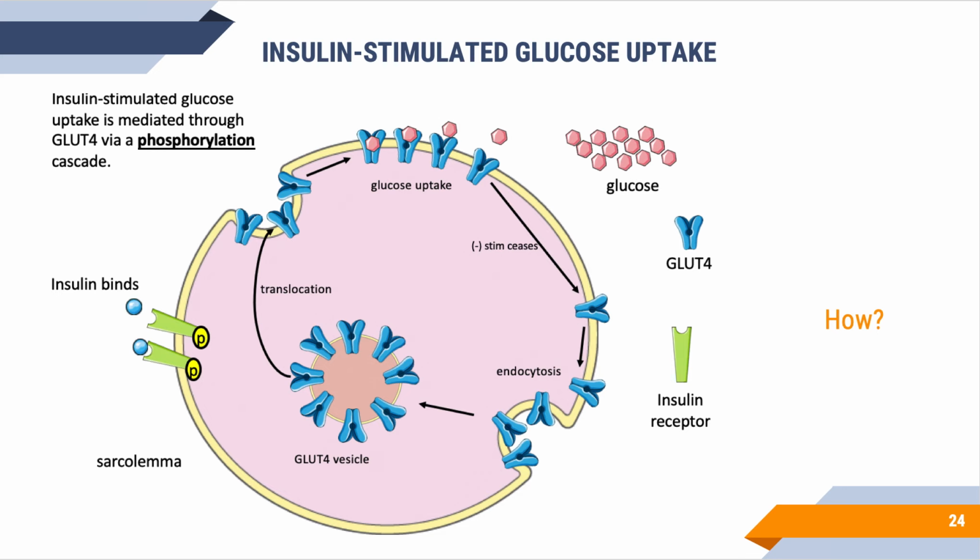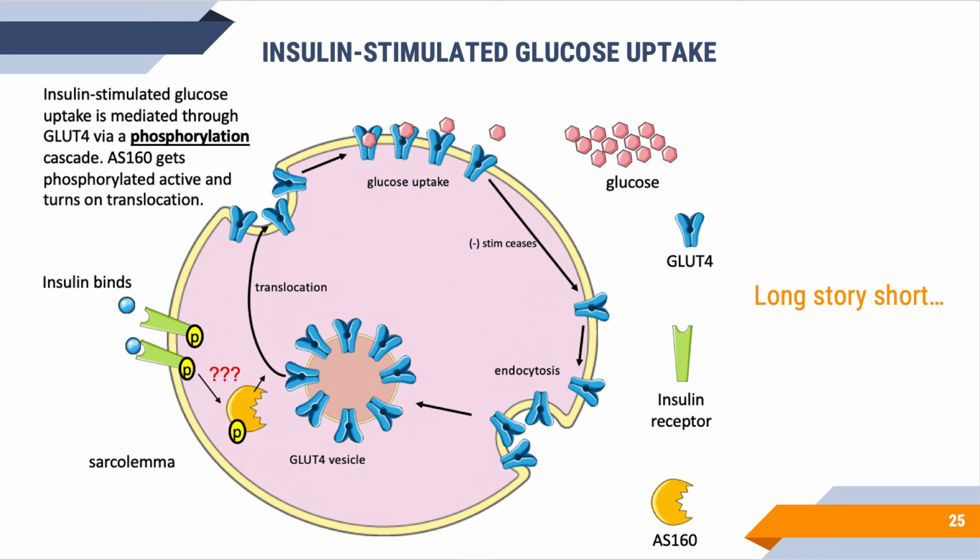Glucose is taken up, and once its job is done, GLUT4 is brought back into its intracellular sites until it's needed again. So how does this actually occur? Insulin-stimulated glucose uptake is mediated through GLUT4 via a phosphorylation cascade that in the end phosphorylates AS160, which can then move GLUT4 to the plasma membrane.